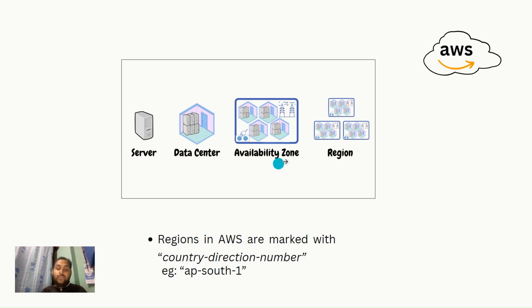And the availability zone consists of multiple data centers connected in the background with low latency links. The multiple availability zones in a single geographic region in AWS are marked with country, direction, and number. For example, the Asia Pacific Mumbai region has three availability zones and is represented as ap-south-1.